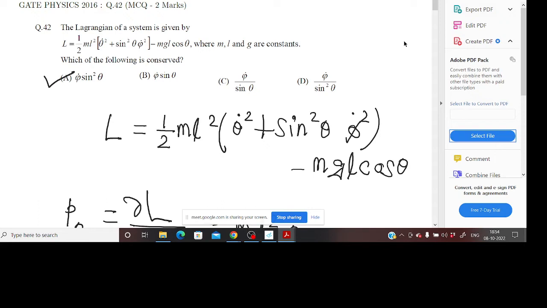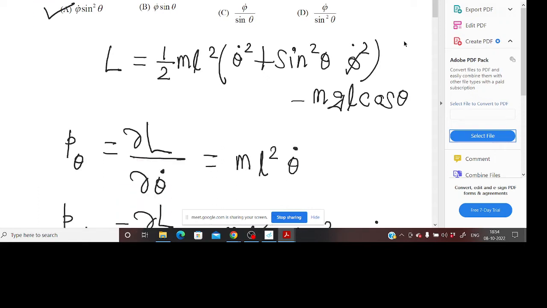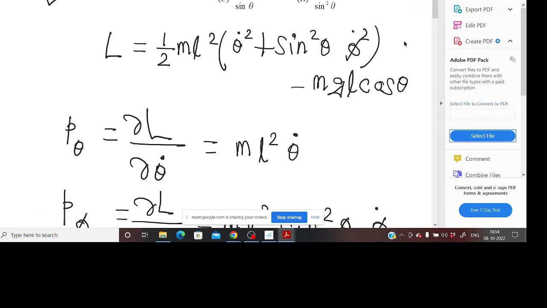Okay, so let's find out the generalized momenta corresponding to theta and phi, because if the Lagrangian is independent of some coordinate, then the corresponding generalized momentum will be a conserved quantity, right?